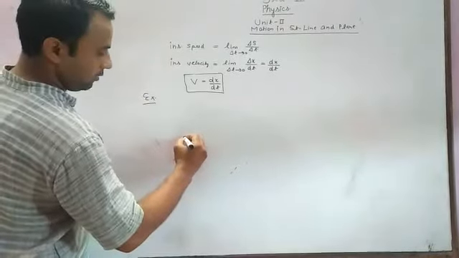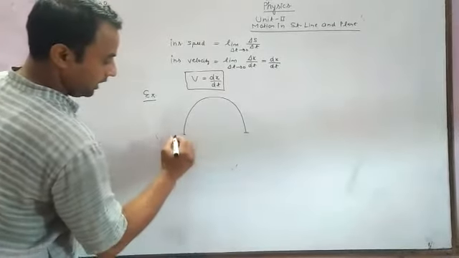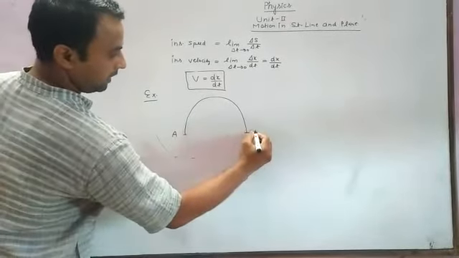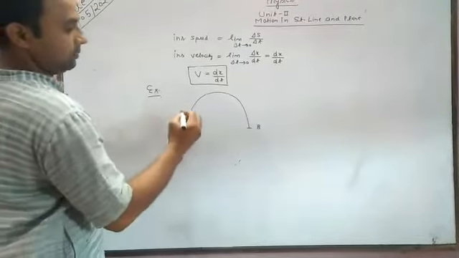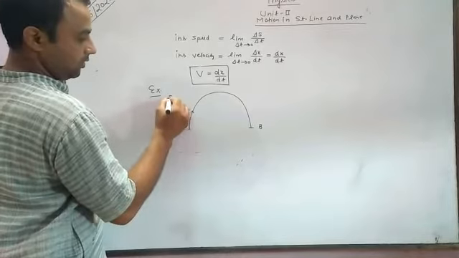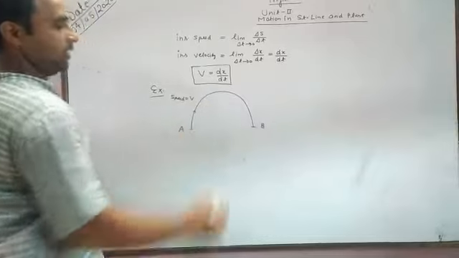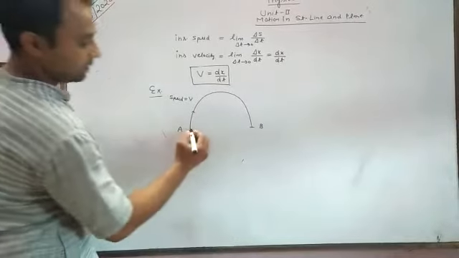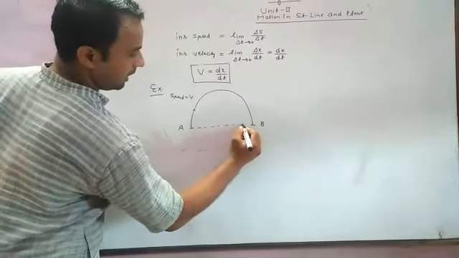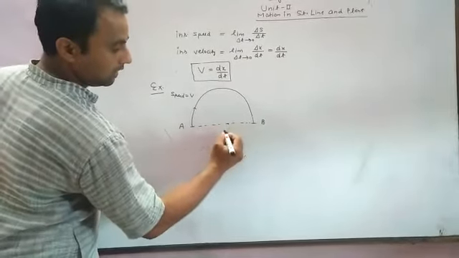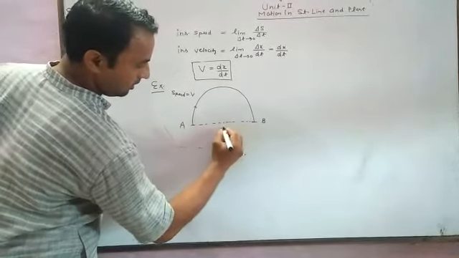A particle is moving in a semicircular path from A to B with a speed of v, and the radius of the semicircle is r.